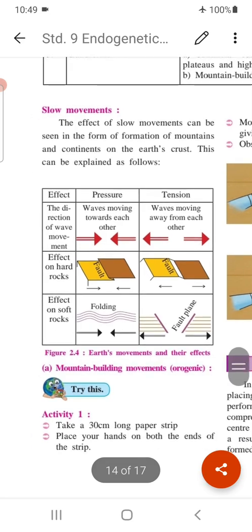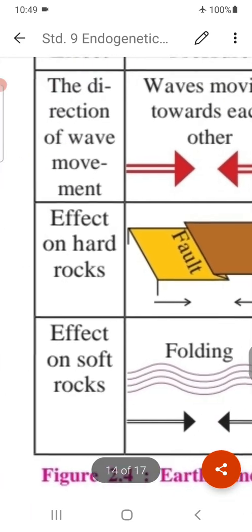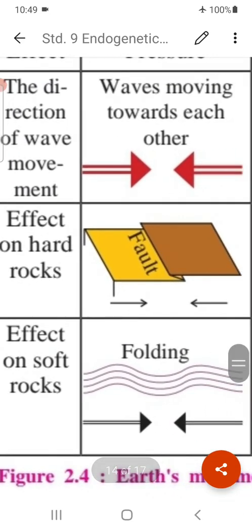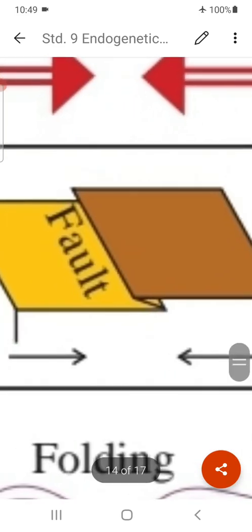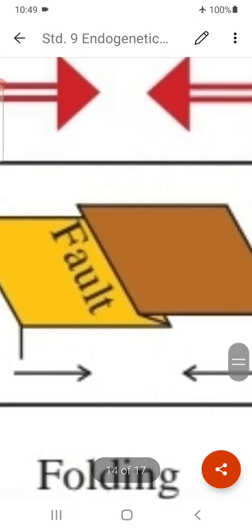Now what is the effect of that on hard rocks and soft rocks? Some rocks are very hard and some are very soft. On the hard rocks, you can see here in this picture, a fold is created. Mountains are folded upon one another. Basically mountains means what? They are rocks, huge rocks. Fine.